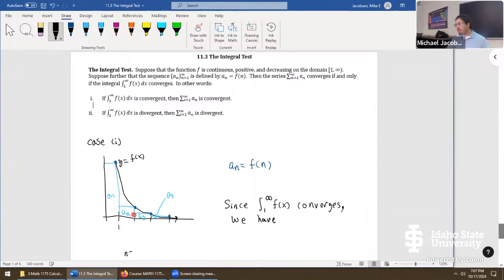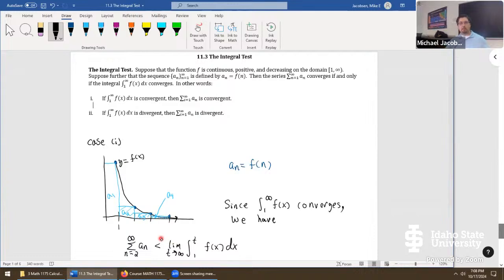So the summation as n goes from 2 to infinity of a_n, that's involving this value, the one that's really skinny for A4. I'm starting that summation at 2 because the curve itself starts right at 1, and we developed our rectangles so that they're always under the curve in this kind of way. But this entire summation is going to be less than the limit as t goes to infinity, as we integrate from 1 to t, of the function f of x dx.